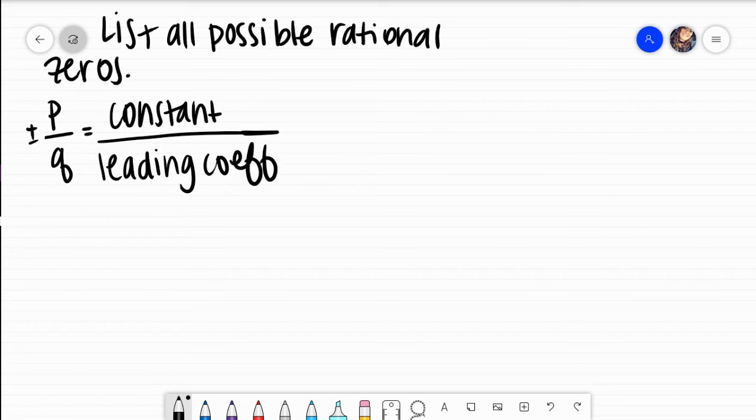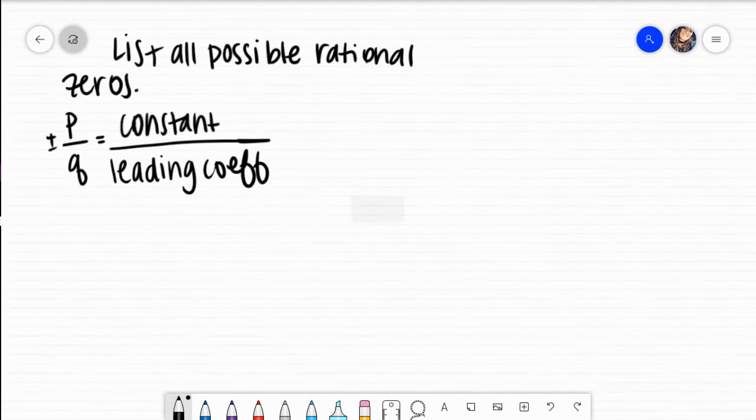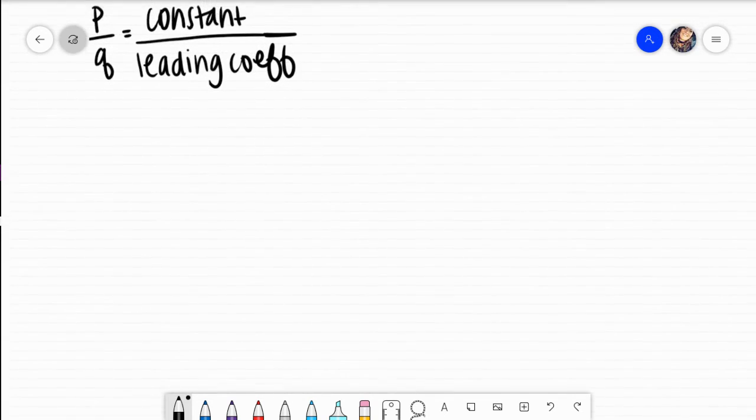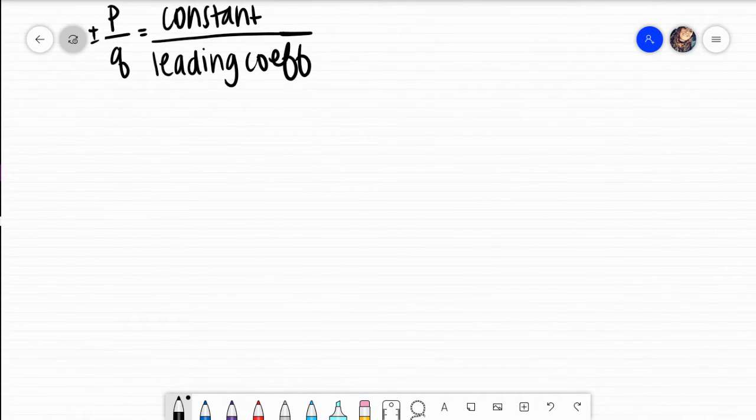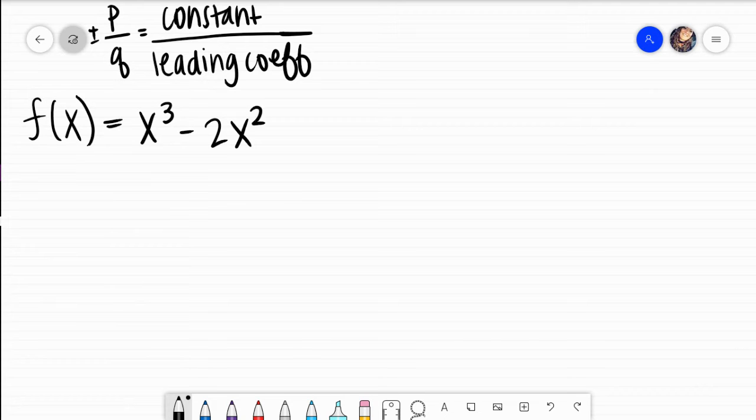Say we were given f of x equals x cubed minus 2x squared minus 25x plus 50.